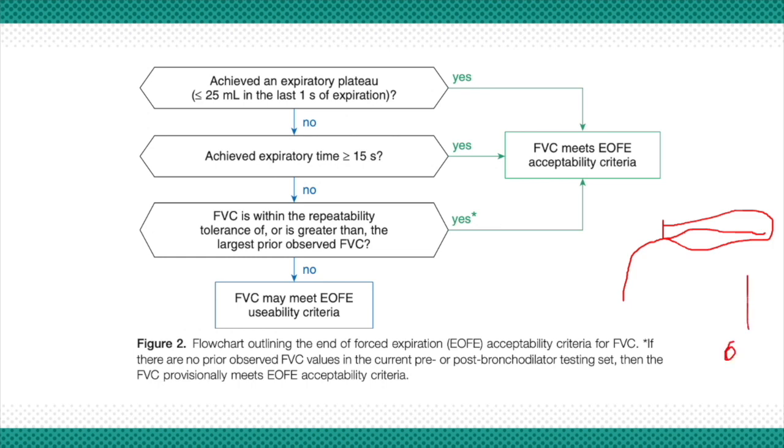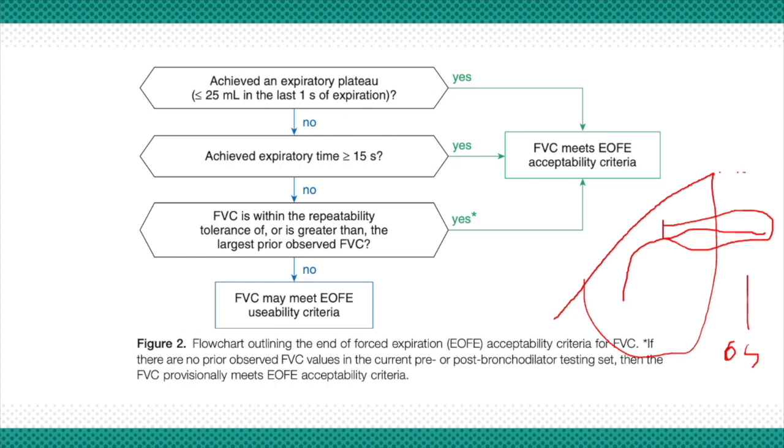For certain patients, in case they are not able to get an expiratory plateau, like patients with severe air trapping and COPD, but they have been expiring for around 15 seconds, we can ask the patient to take a breath in again and not wait for the plateau to appear.